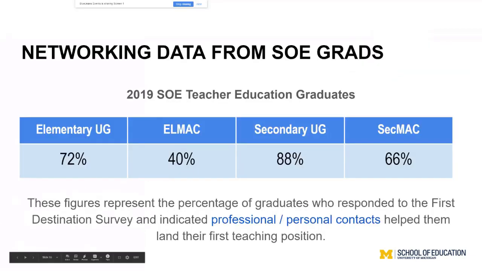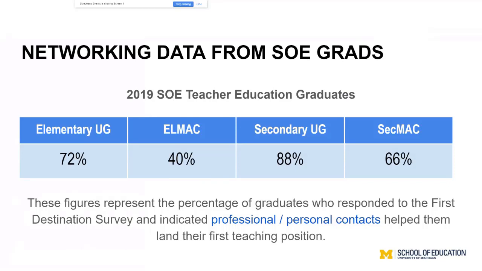I want to share with you some figures from our most recent grads who completed the First Destination survey. This is to demonstrate the importance of networking in the job search, specifically for teacher education graduates. Over 66% of survey respondents said professional and personal contacts helped them land their first teaching position.